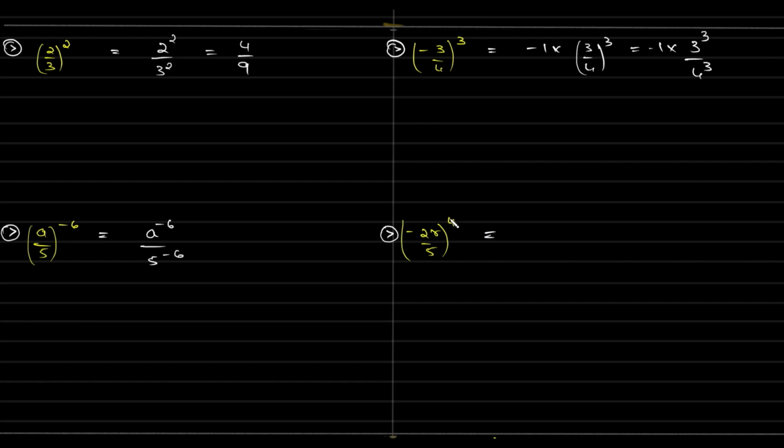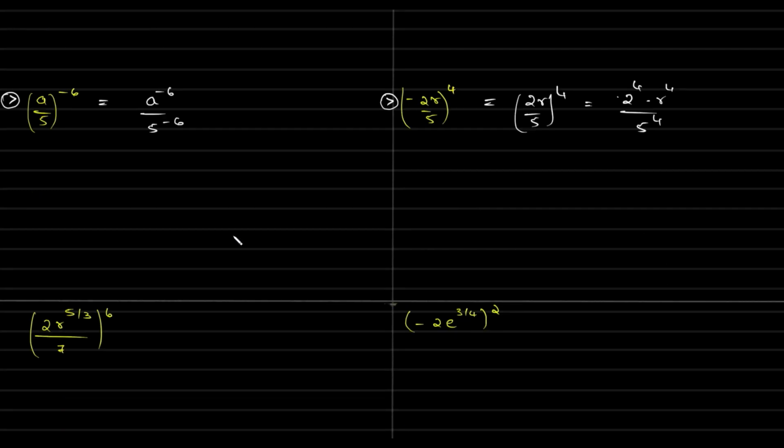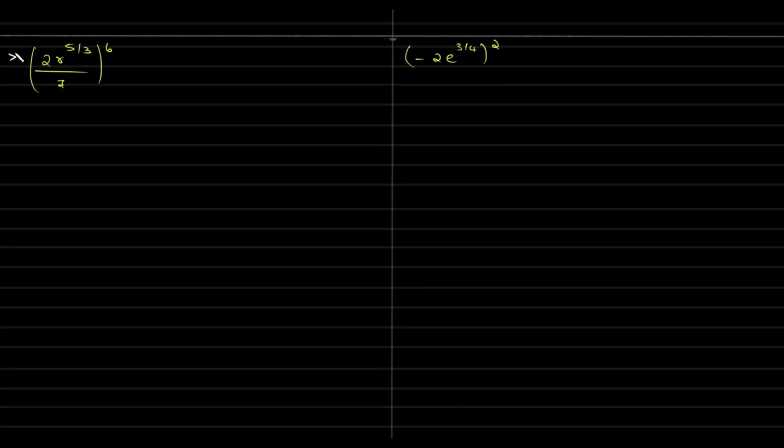Okay, a negative term raised to the power of even will give me a positive answer, raised to the power of 4. There are 3 terms here, so it's simple: 2 into r divided by 5, to whatever the power is. Again, not a complicated issue, just a bunch of numbers and a power which is a fraction in exponent form, right?